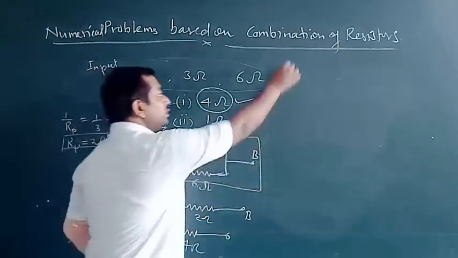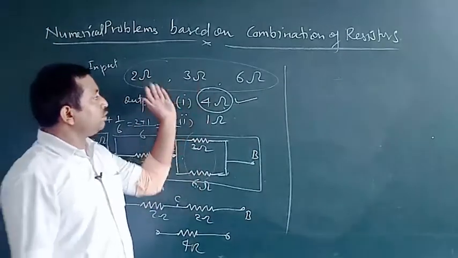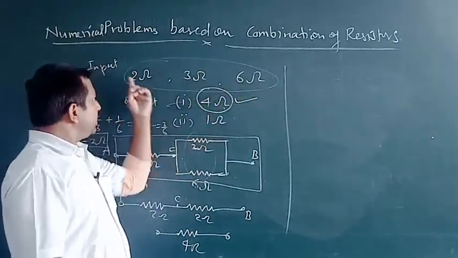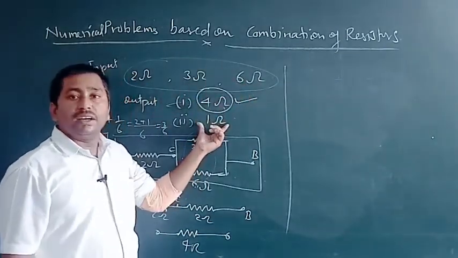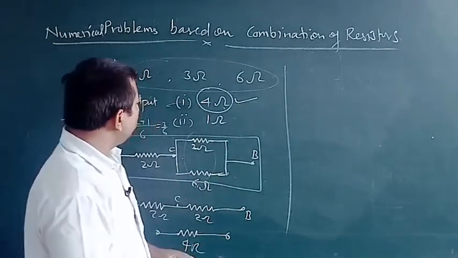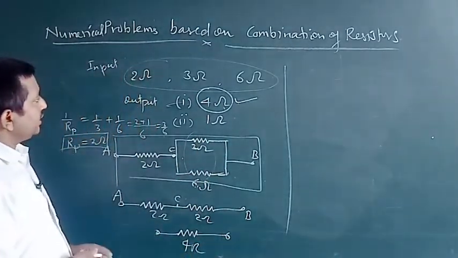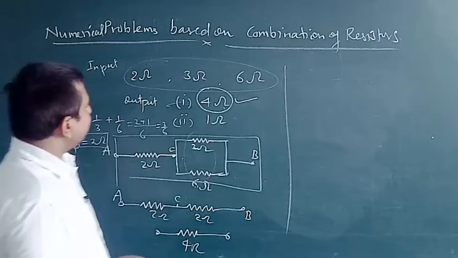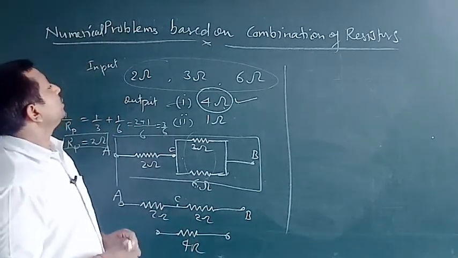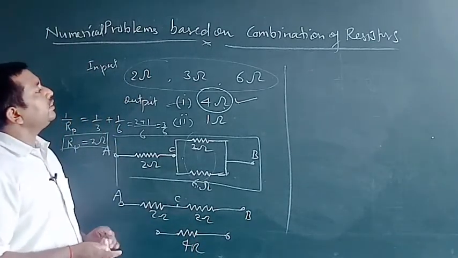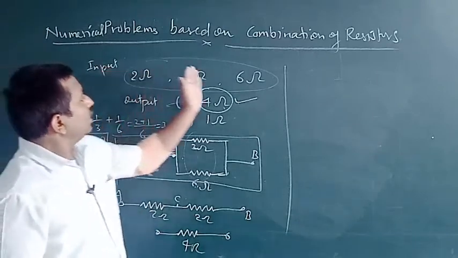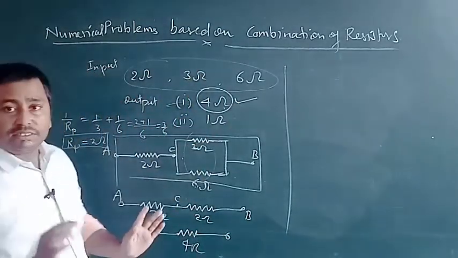Similarly, if we want to find the net equivalent resistance of the combination of resistors as 1 ohm, how can we get it? Suppose we connect all these resistors in parallel.